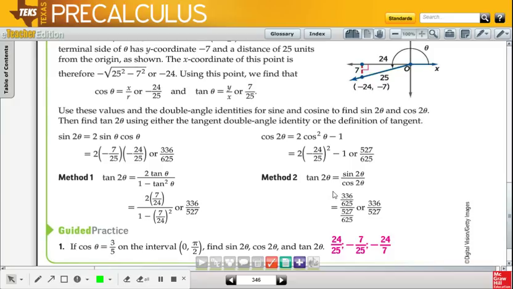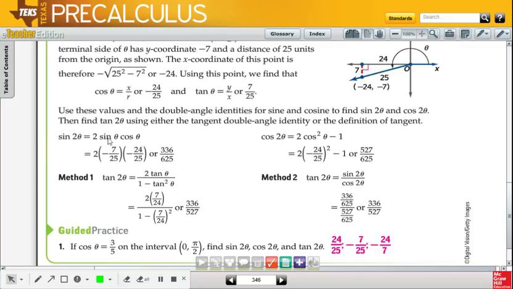Now, method 2 ties into the quotient identity. For example, tangent of x is equal to sine x over cosine x. The same thing can apply if it's tangent of 2 theta. You can rewrite it using the quotient identity, sine 2 theta over cosine 2 theta.